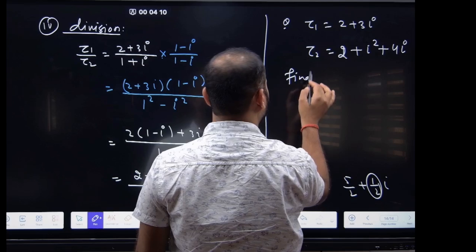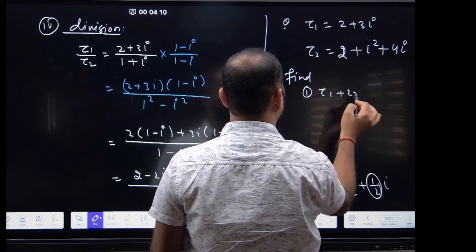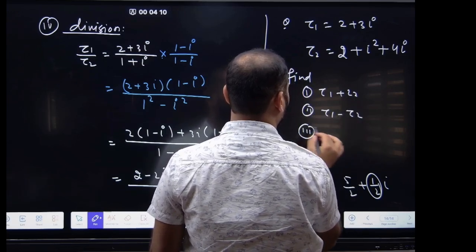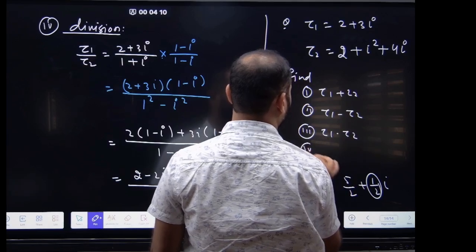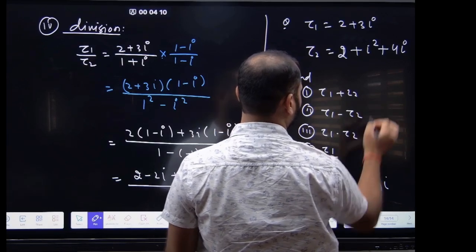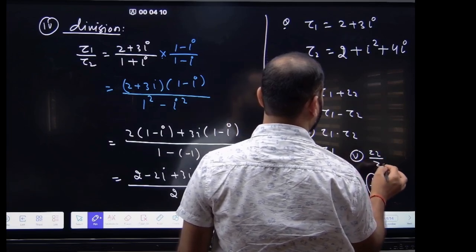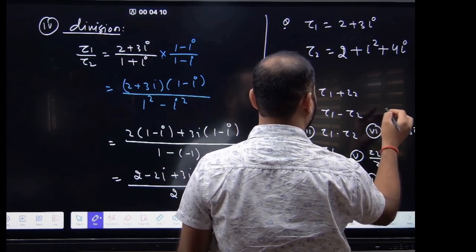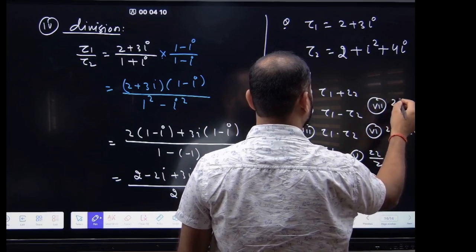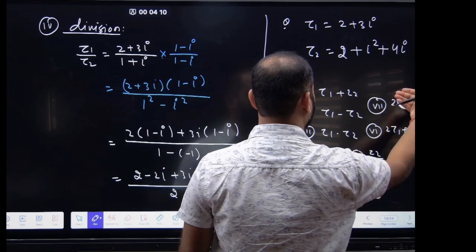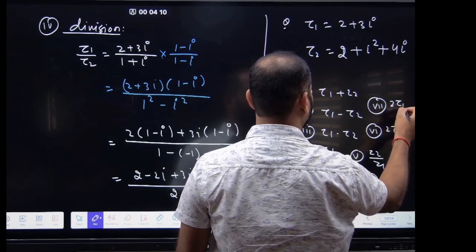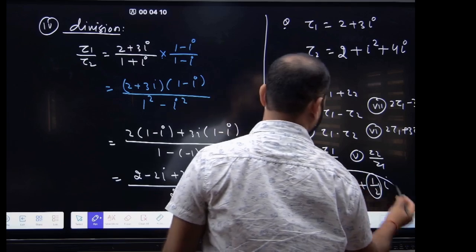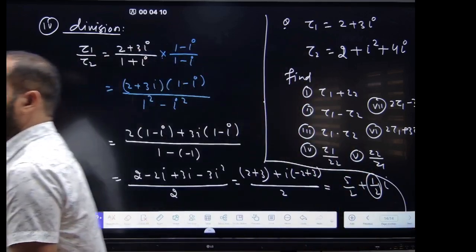Find, same thing: Z1 plus Z2, Z1 minus Z2, Z1 into Z2, Z1 divided by Z2, fifth one Z2 divided by Z1, sixth one 2Z1 plus 3Z2. Solve all these questions. Next class I will conduct.